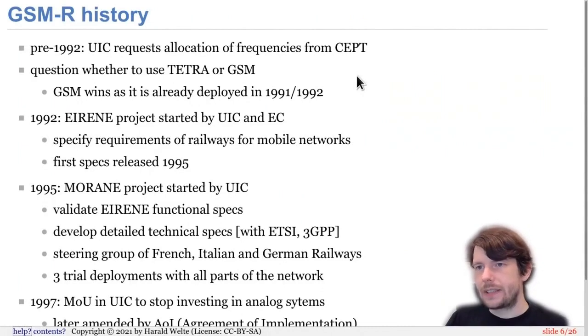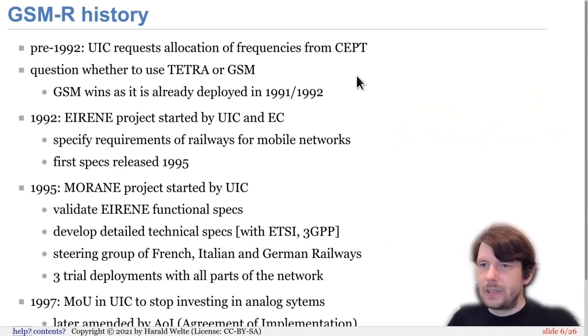GSM was winning at the time, which probably then was 92, as the big reason for going with GSM was it was already deployed. First real operational networks existed in 91, 92, as opposed to Tetra, which came a bit later. So the decision was to go with GSM.